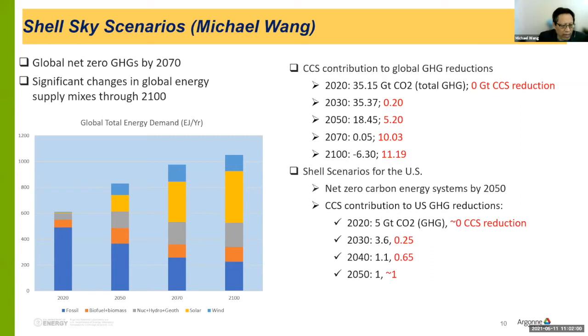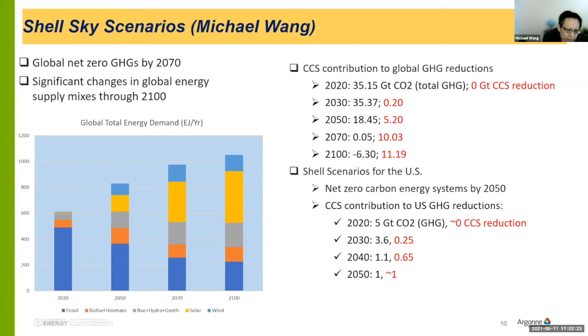On the other hand, last year, Shell developed some scenarios for the US with the goal of a net zero carbon energy system for the US by 2050. And Shell developed scenarios for CCS contribution. So here are listed the numbers.